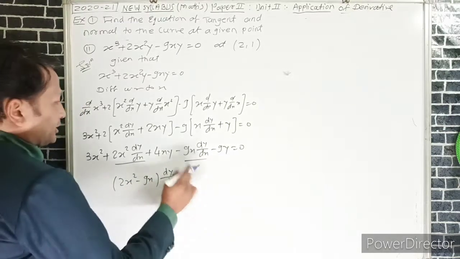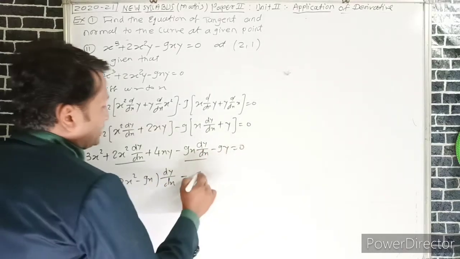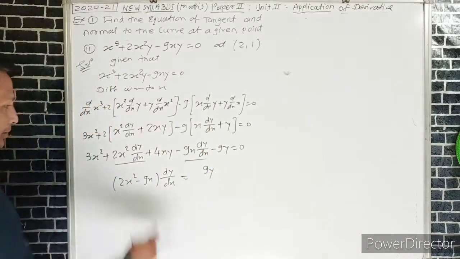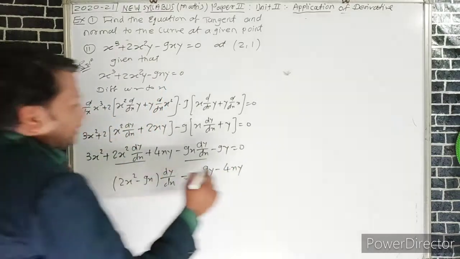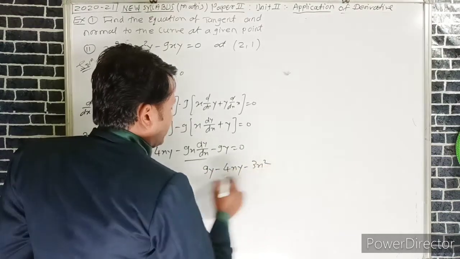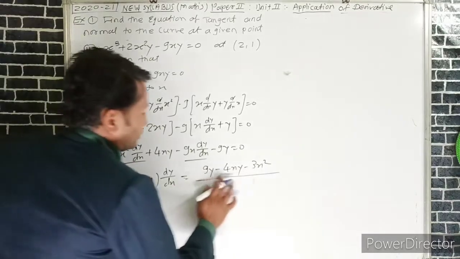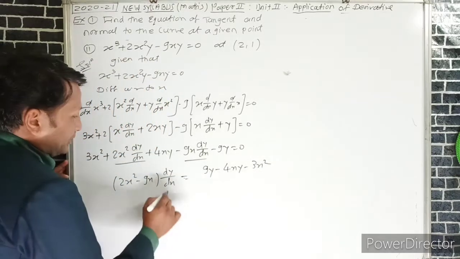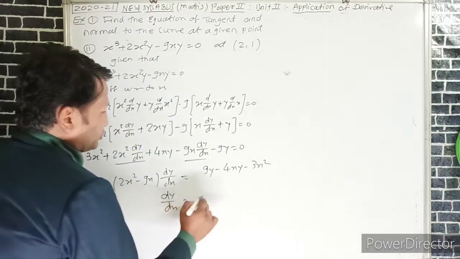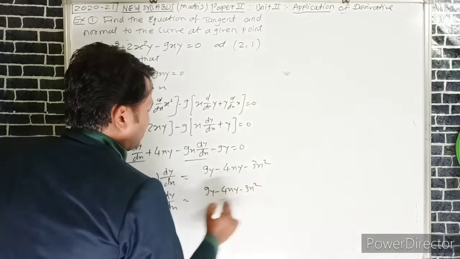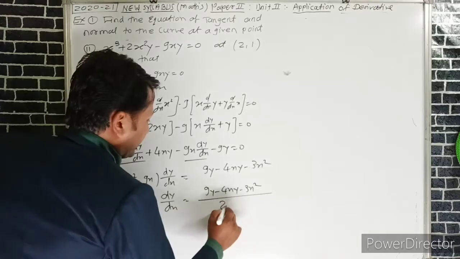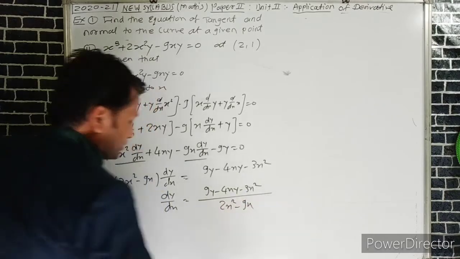If we shift the terms minus 9y, 4xy and 3x square to the right side, we get plus 9y, minus 4xy, minus 3x square. Hence we can write dy by dx is equal to (9y minus 4xy minus 3x square) upon (2x square minus 9x).